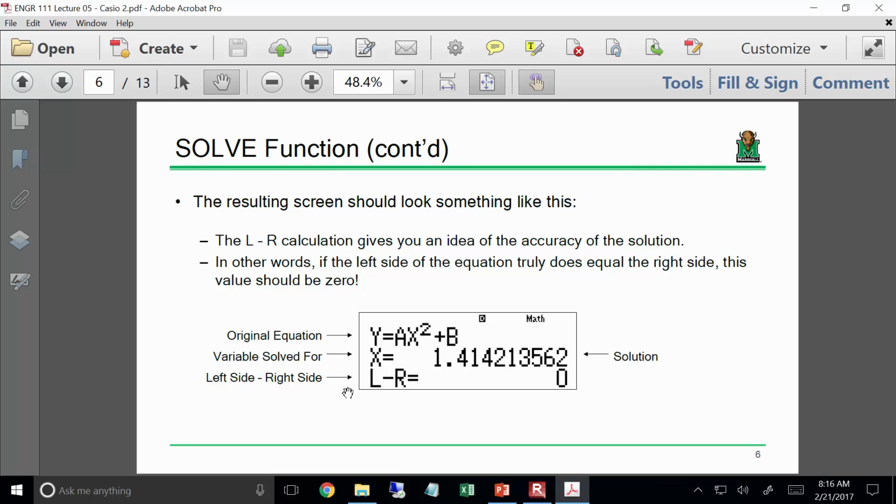But if I guessed a different value, I might have gotten a different answer, especially for something like a quadratic that has multiple answers. Does that sort of help? Yeah, all right, that's good. And does that clarify for everybody else? That's good. This is the type of stuff that's important. You asked that, and I saw a couple of people go, yeah, I wanted to know that too.